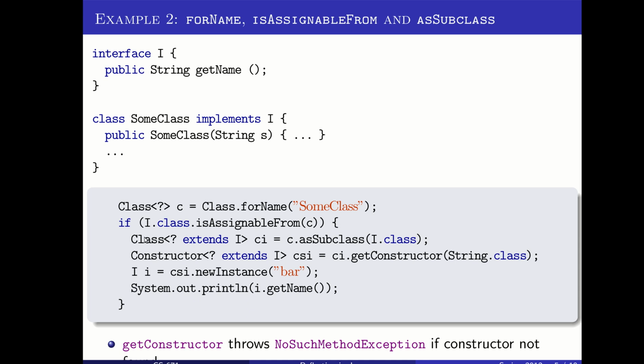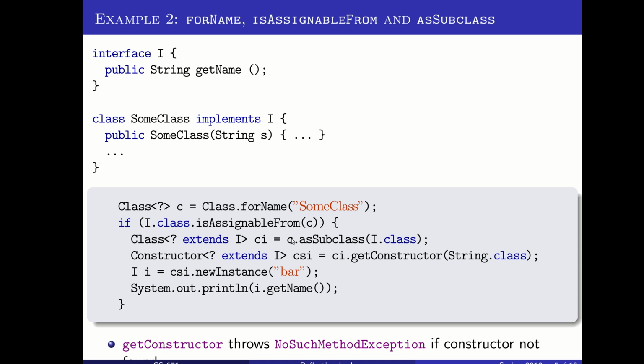So we can then narrow down our types. We can make a new class variable that is stating that our class here, CI, is something that extends I. And what that's going to let me do is to then treat things as I's, just like I could do with an I variable that holds an instance of SomeClass.